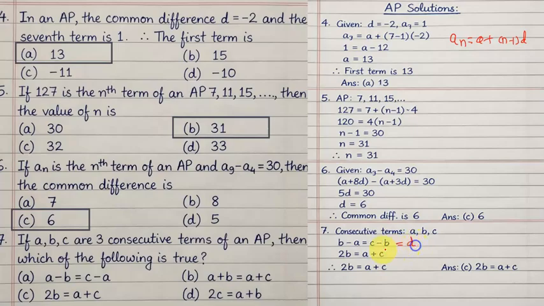It's a constant as it is in AP. Therefore, transfer this minus B to the left hand side, B plus B is 2B, and shift this minus A to the right hand side. Therefore, 2B is equal to A plus C, and hence option C is correct here.